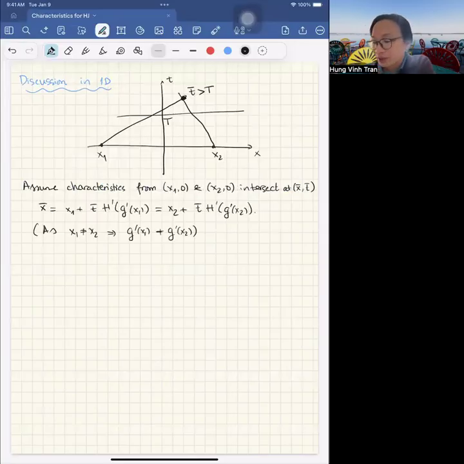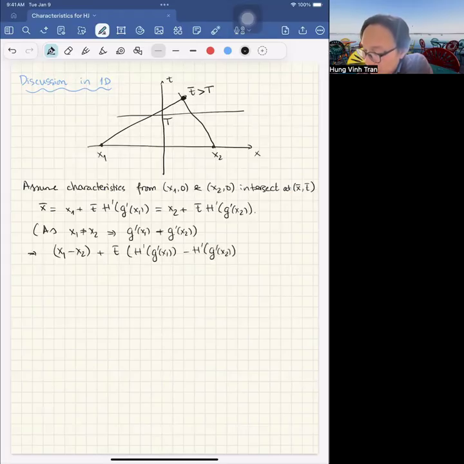So you have this equality, you just subtract and combine them together. So I would have x1 minus x2 plus t bar times h prime of g prime of x1 minus h prime of g prime of x2 equal to 0.